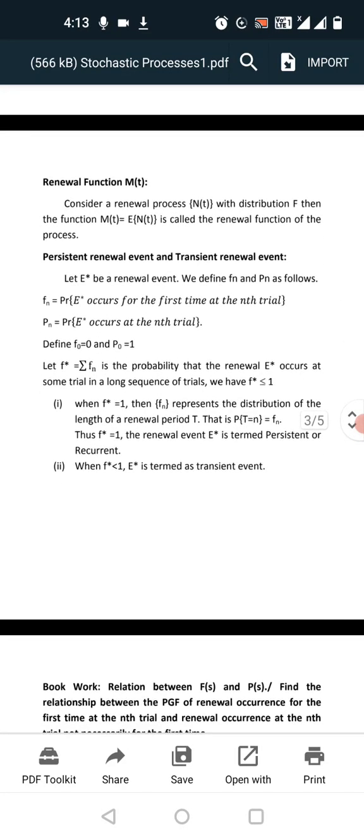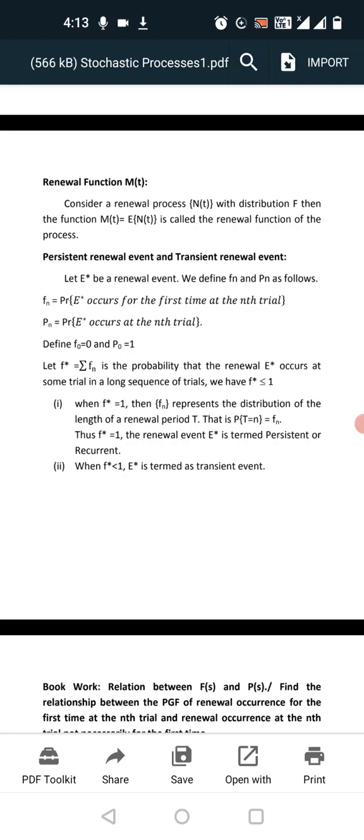The next definition is persistent renewal event and transient renewal event. Let E star be the renewal event. We define Fn and Pn as follows. Fn, where F stands for first, is the probability that E star occurs for the first time at the nth trial, and Pn is the probability that E star occurs at the nth trial.